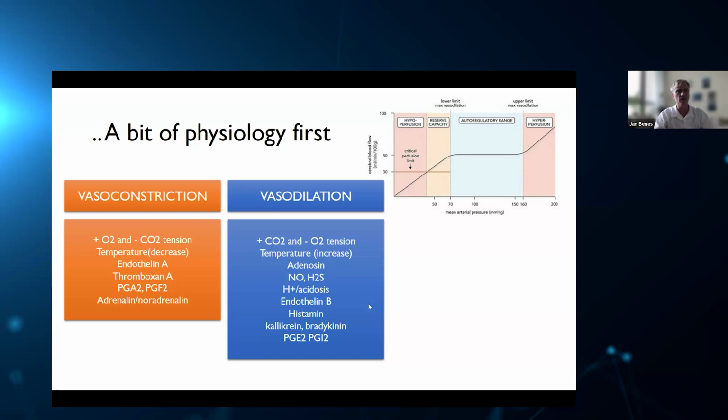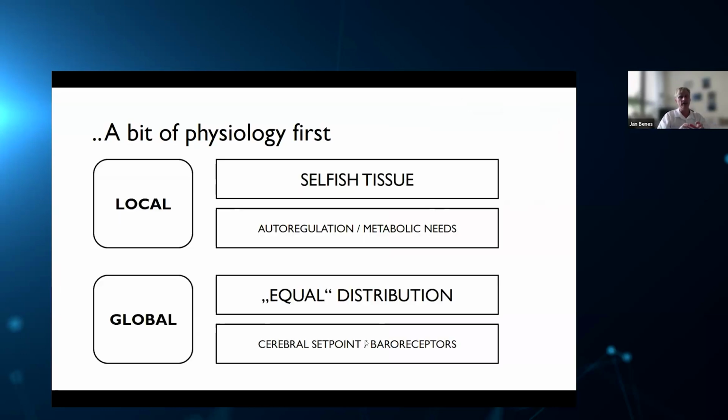But there are other substances that may be produced by inflammation, by leukocytes, or by eosinophils. These substances can change the regulation within the local system, and they are meant to be locally active. And then we have a global flow, which is actually something distributing equally the flow and pressure within the body. So that's a global regulation of the system.